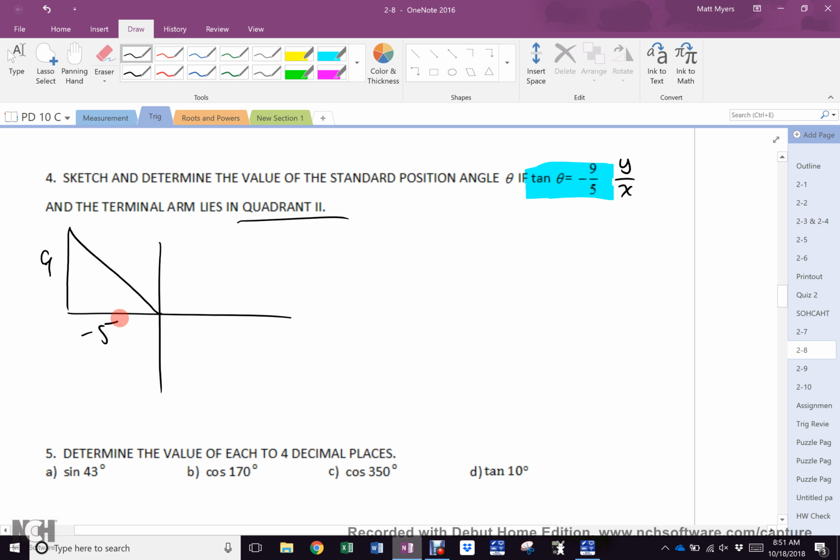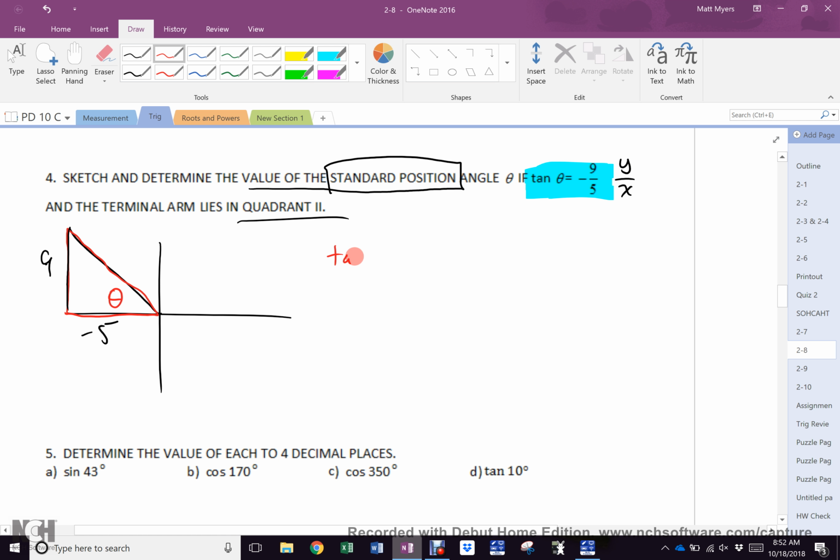Now, I want the value of the standard position angle. What have I built here? I have built a reference angle, haven't I? Now, you are intelligent young people. What finds us an angle when we have our opposite and adjacent? Shift tan.